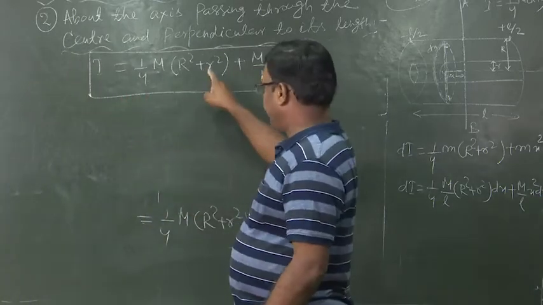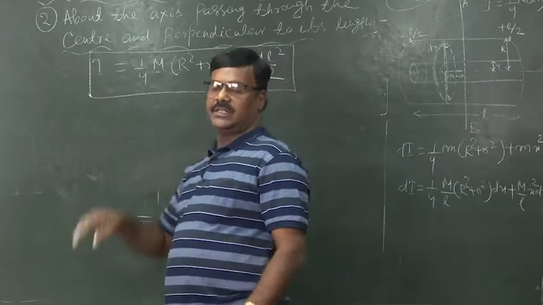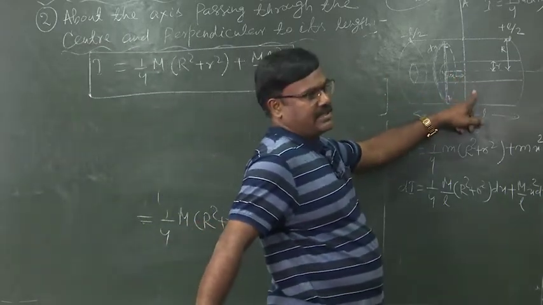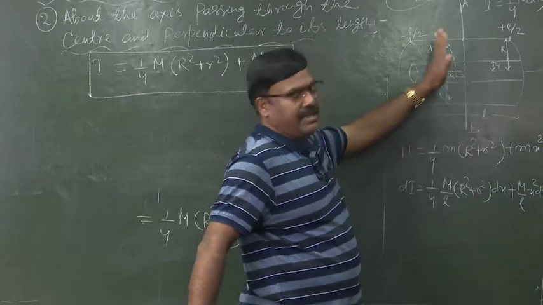This is the expression for the moment of inertia of a circular ring about an axis passing through the center and perpendicular to its length.